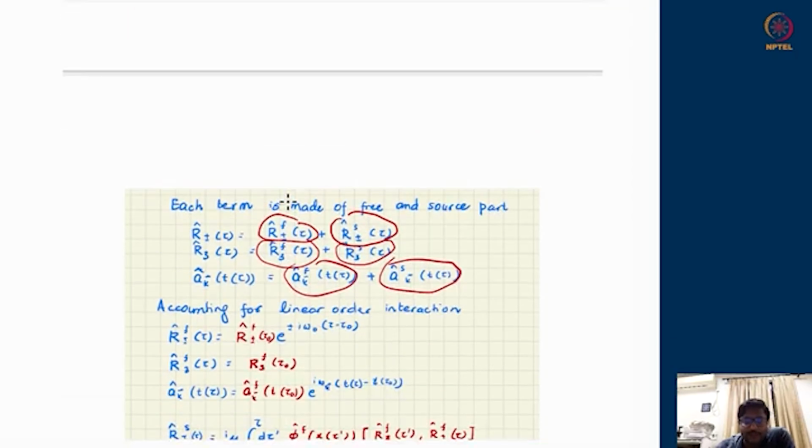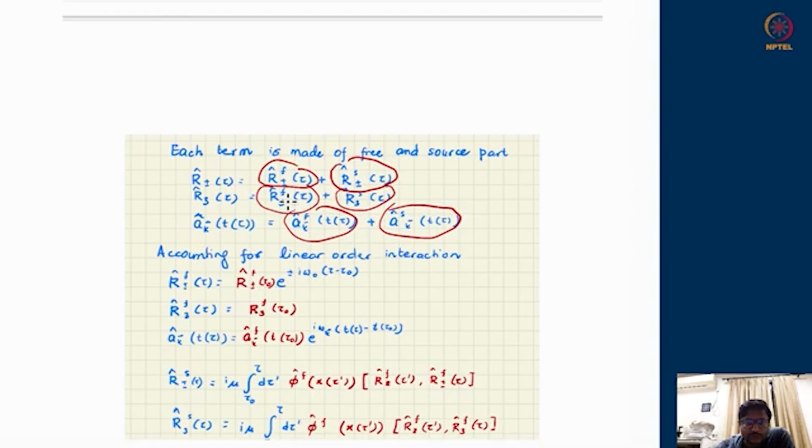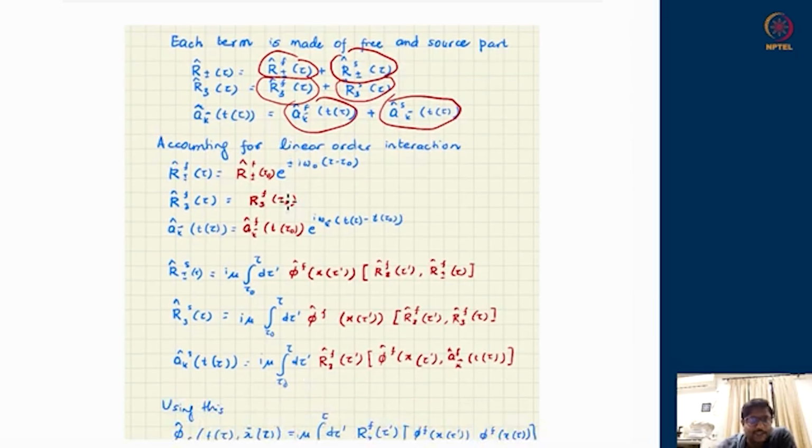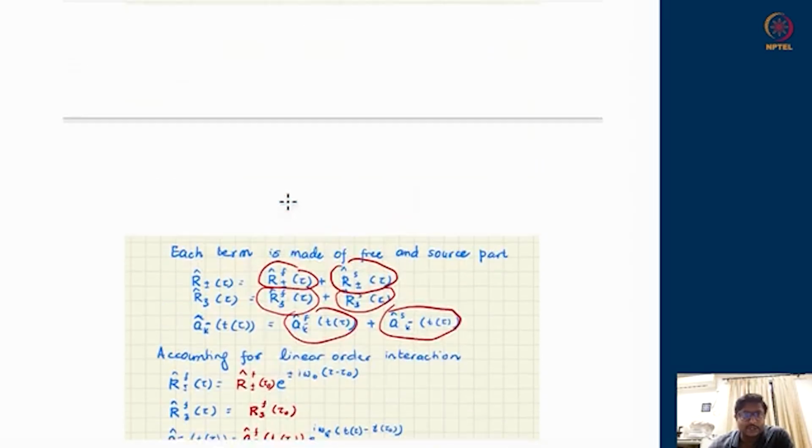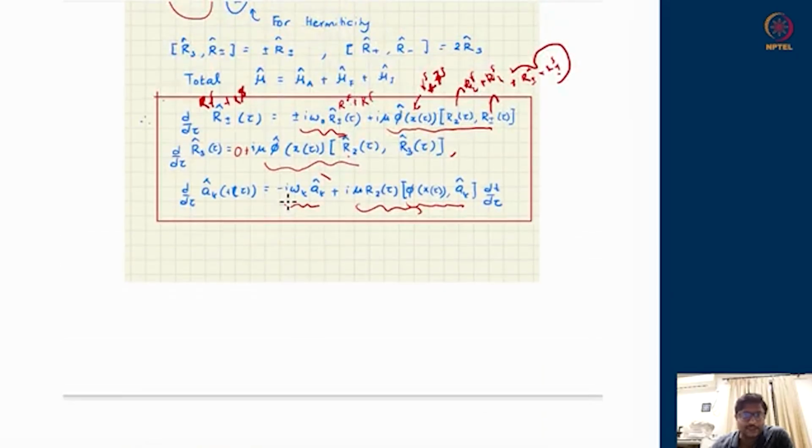So if I want to write down the free part and the source part up to linear order in interaction, then when I am writing over here, I put RF plus RS everywhere, phi F plus phi S, and twice copies of RF plus RS.